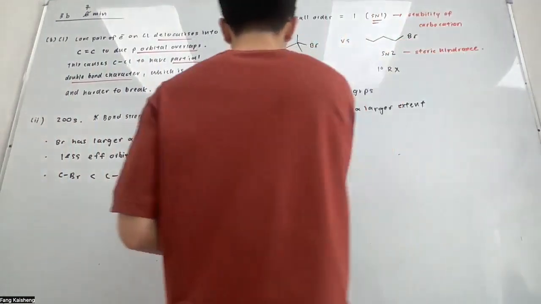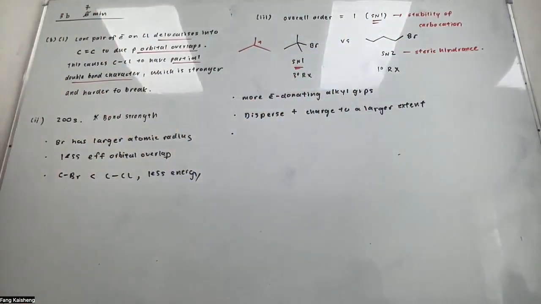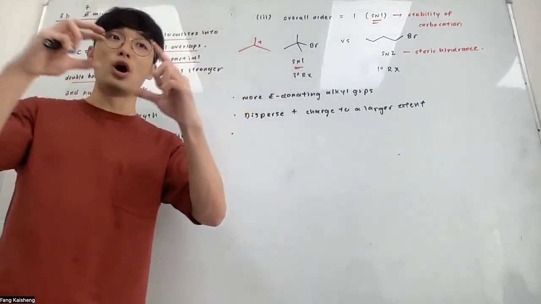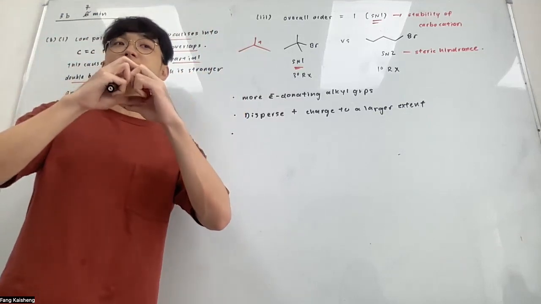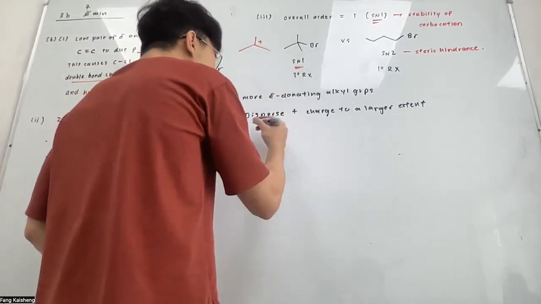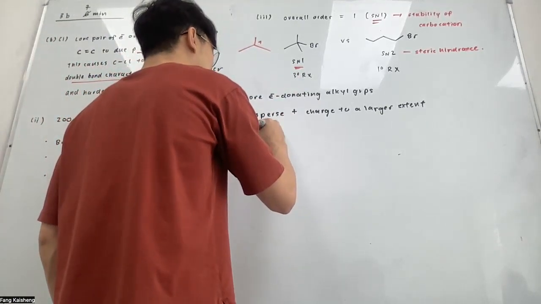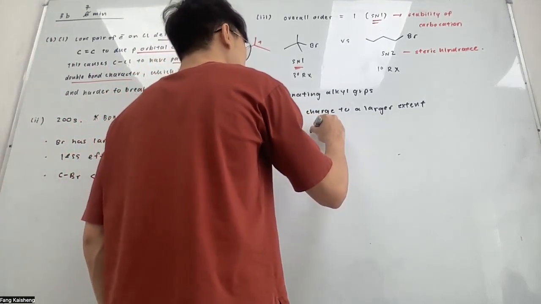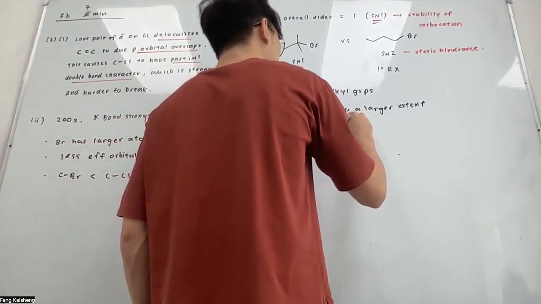Now, if you disperse the positive charge, that means your carbocation has to be... Okay, we touched this recently in alcohols and phenols. If the charge is smaller, it is more or less reactive? Less reactive. Less reactive items are definitely more stable. So in this case, the carbocation of this guy is more stable. So it favors SN1.